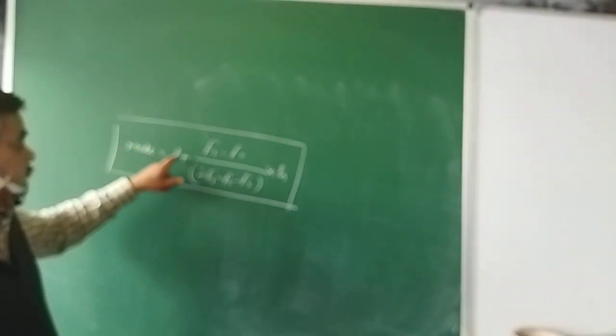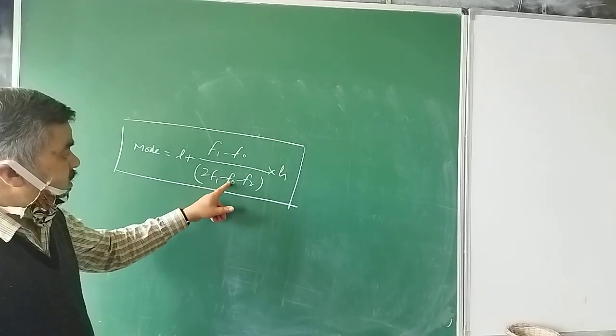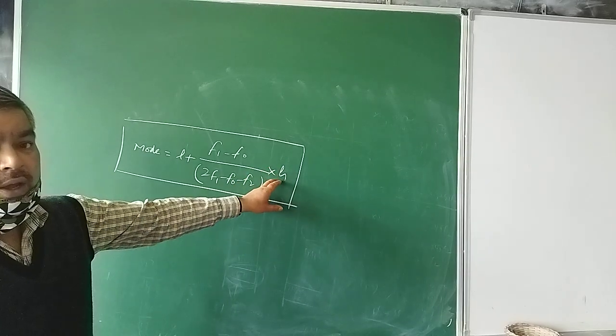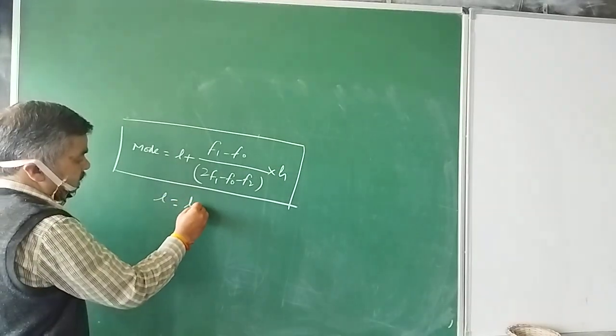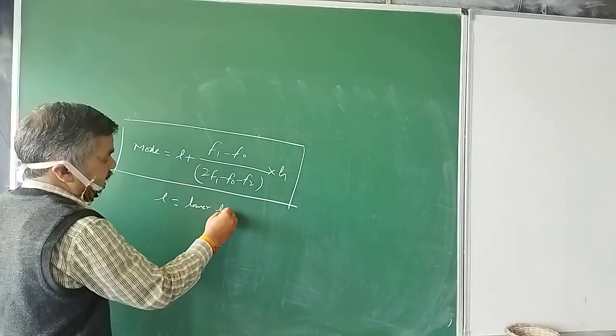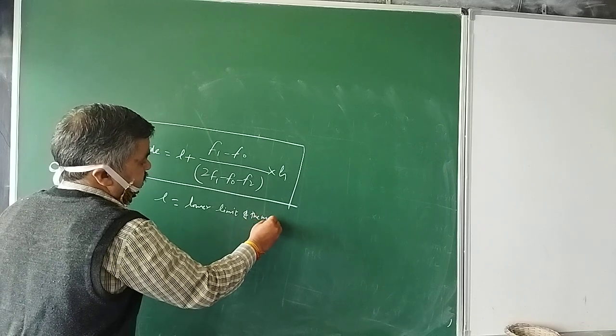Mode is equal to L plus F1 minus F0 whole upon 2F1 minus F0 minus F2 into H. So what is this L is? L is the lower limit of the middle class. This is the lower limit of the modal class.